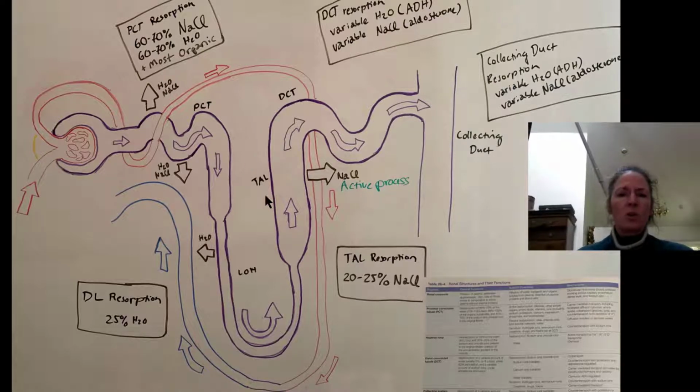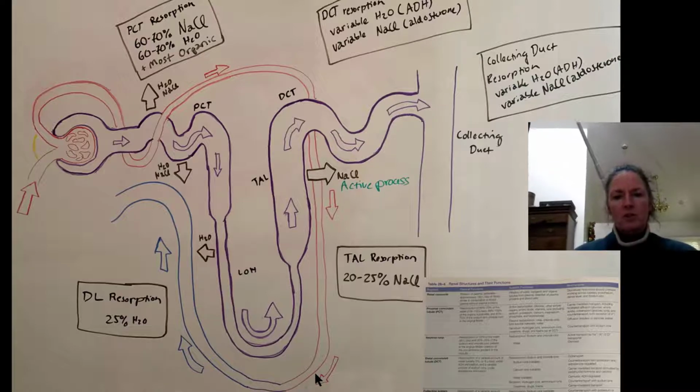So our cortical nephrons just have their peritubular capillaries. Now remember, our peritubular capillaries are going to follow along the proximal and distal convoluted tubules, but when they dip and make that long, straight vessel that follows the loop of Henle in the juxtamedullary nephrons, we call this the vasa recta.